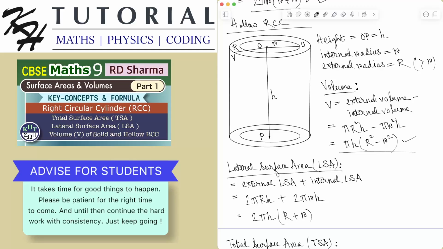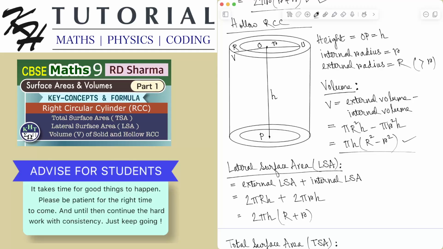The area of the external curved surface, you can consider to be equal to the lateral surface area or curved surface area of a solid RCC having radius equal to the external radius, which is capital R. Similarly, the internal surface area you can consider to be equal to the lateral surface area of a solid RCC whose radius is equal to the internal radius, which is small r.